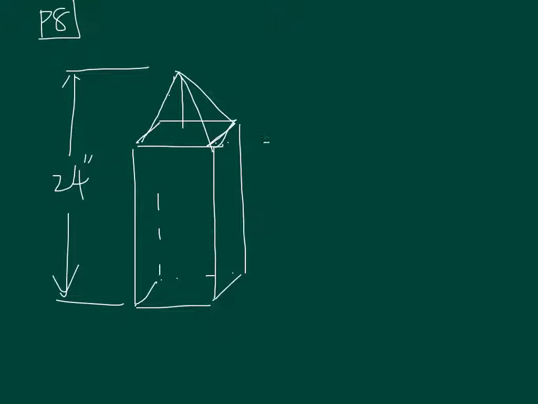So from here to here is 4 inches, and the length of one side of the square base of the replica is 3 inches, which is the same as these because it's square. Find the volume. Maybe you want to find out the volumes separately: find the volume of this pyramid, then find the volume of this square prism, and then add them together.